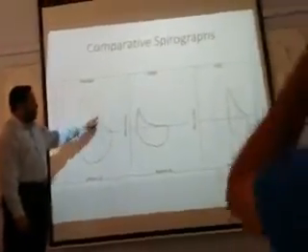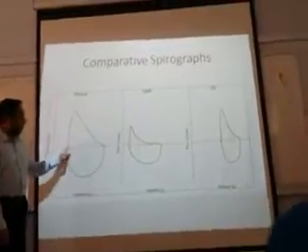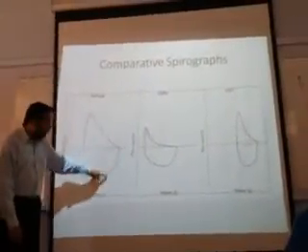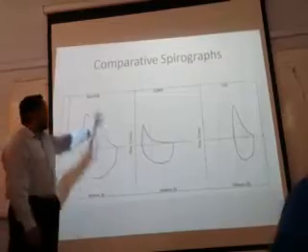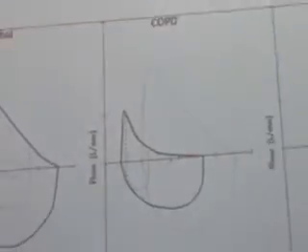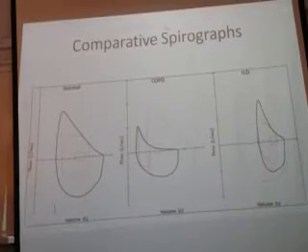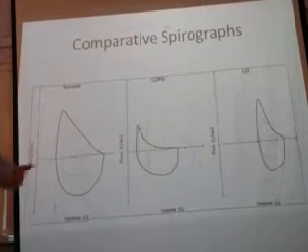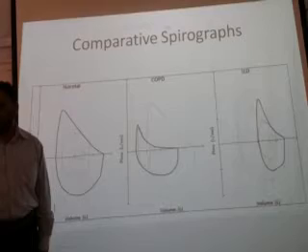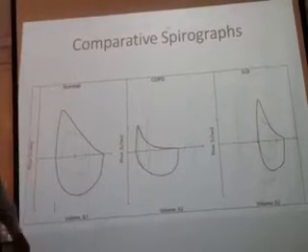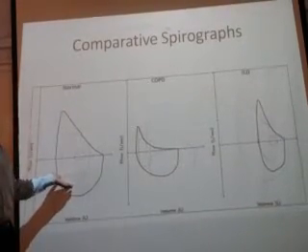This is inspiration. This is expiration. And this is inspiration. This is normal. What about numbers? The machine will print out. Just a diagram. Yes, this is the diagram of the same.